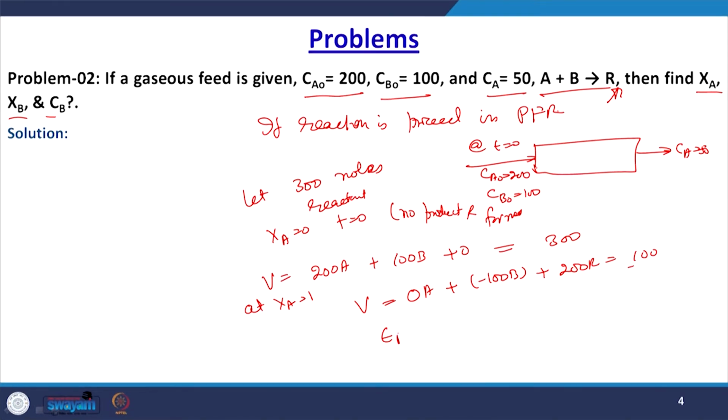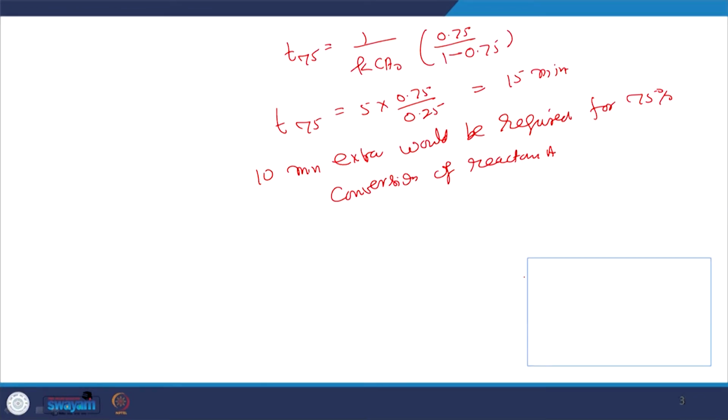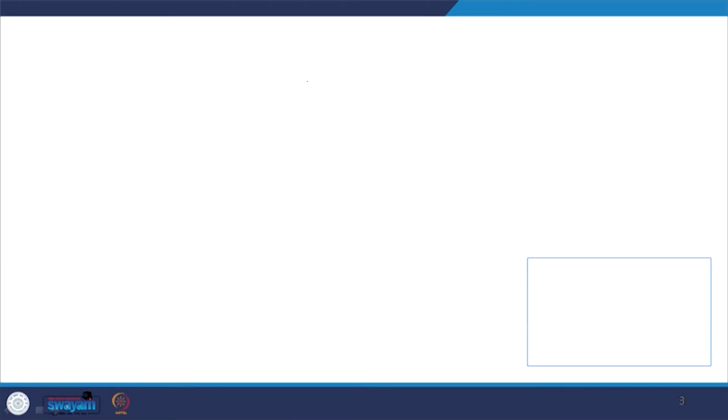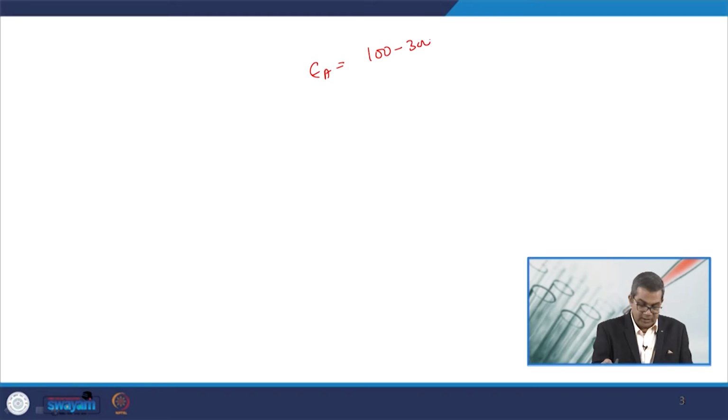So epsilon A can be written as V at XA equal to 1 minus V at XA equal to 0, upon V at XA equal to 0. In that case epsilon A is equal to 100 minus 300 upon 300, that is equal to minus 2 upon 3.